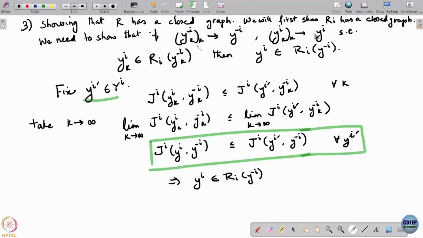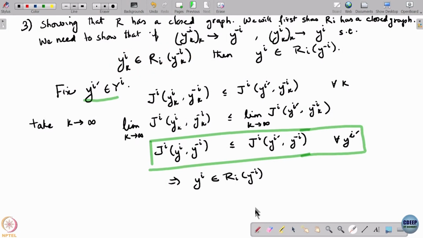So, what does this mean? This means that if you take a sequence of points that are in the graph of Ri, their limit is also in the graph of Ri. These points yik comma y minus ik were in the graph of Ri because of yik being a best response to y minus ik.